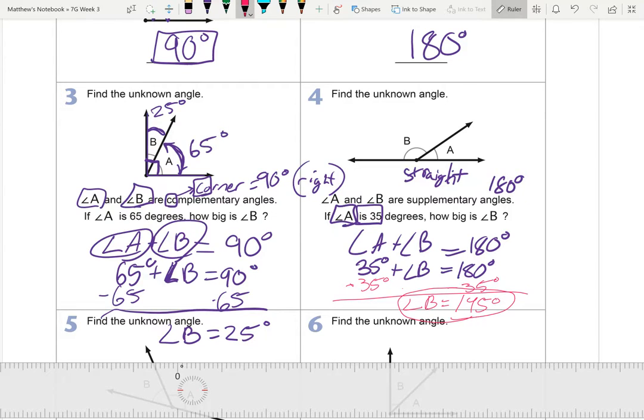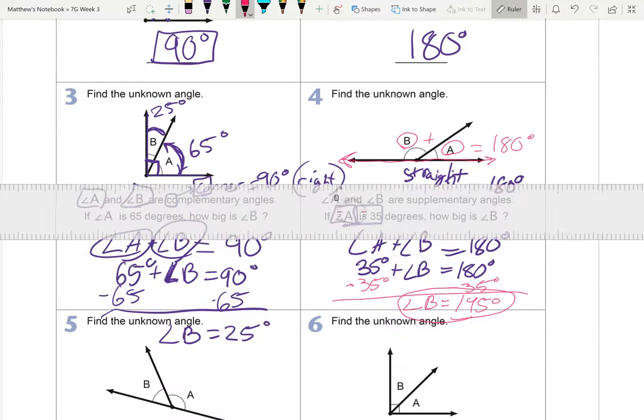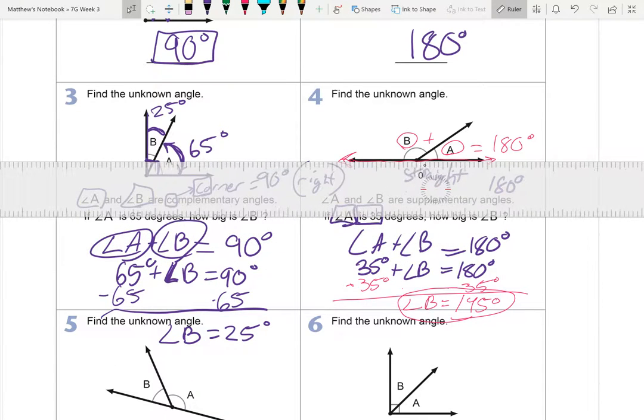So basically all you're doing here is you're just saying 35 degrees plus what number equals 180, because we know together angle B plus angle A equals 180 degrees due to the fact that it's a straight line. And we can know for a fact it's a straight line by taking our compass or our ruler and measuring that angle.